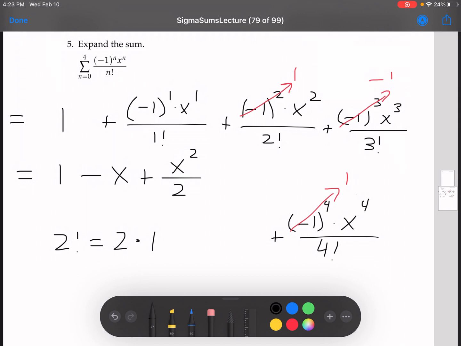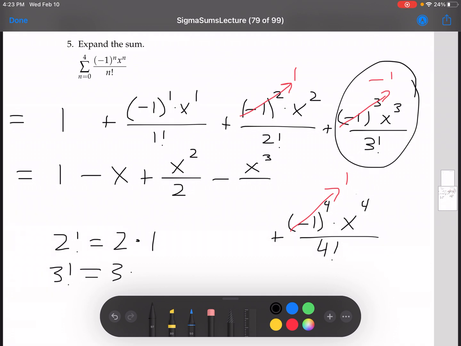Now moving on to this one. We found negative 1 cubed is negative 1, so that'll be a negative x cubed over 3 factorial. 3 factorial is 3 times 2 times 1, so that's 6. So that's over 6 there.